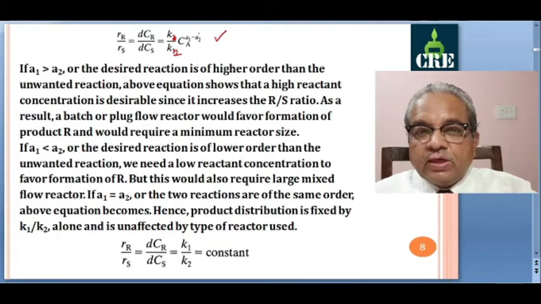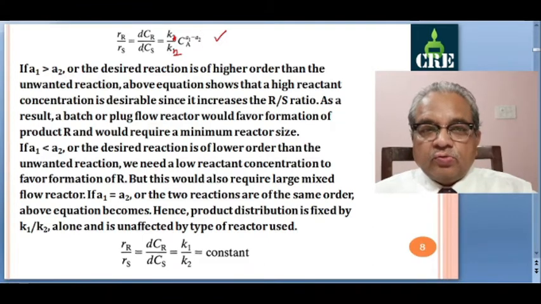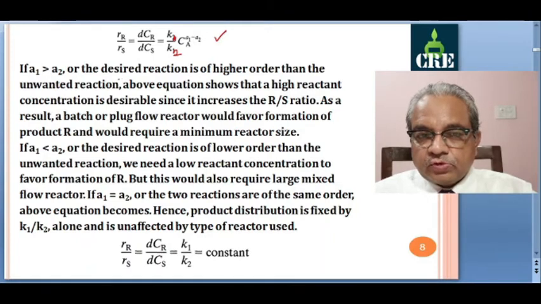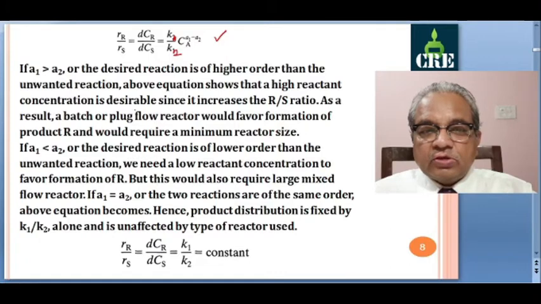Now if a1 is greater than a2, what will happen? This overall order or index will be positive. The desired reaction is of higher order than the unwanted reaction. The above equation shows that a high reactant concentration is desirable since it increases the R by S ratio.